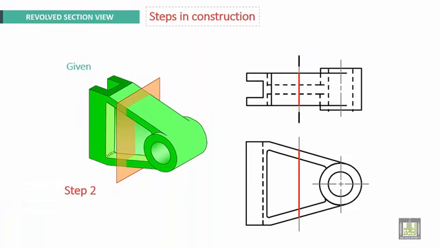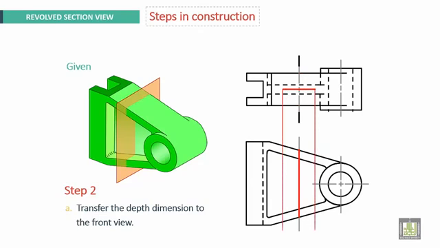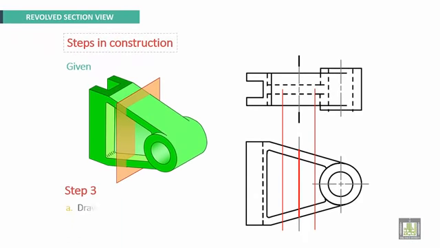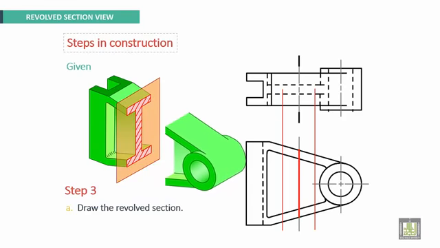After that, step 2, we have to transfer the depth dimension to the front view. Depth dimensions are transferred to the front view here. After that, step 3, we have to draw the revolved section like that. This is the cross section.